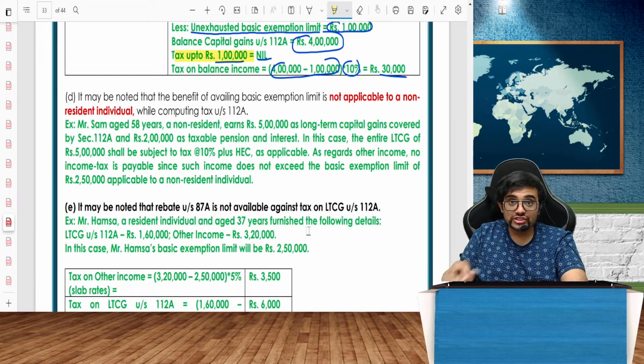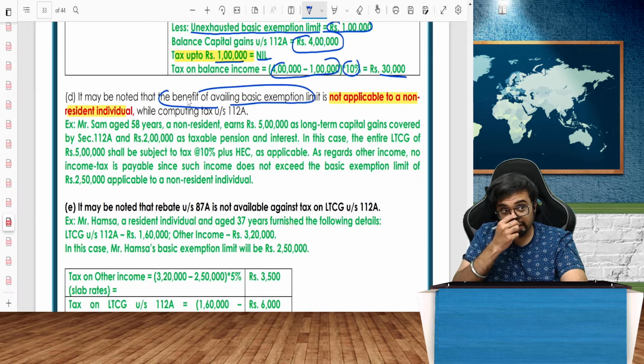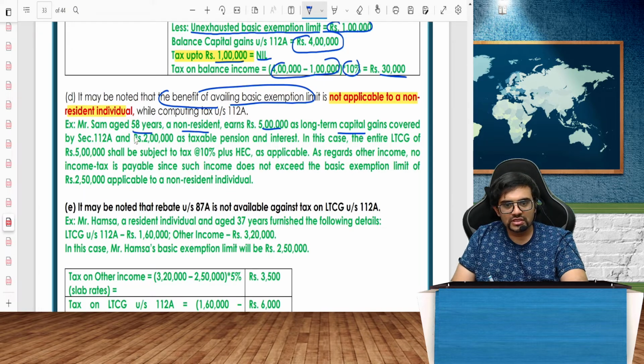But if they ask you about a non-resident, most important, then the benefit of availing basic exemption is not applicable. Most important. Mr. Sam, age 58 years, non-resident, earns 5 lakh as long-term capital gains under section 112A, and 2 lakhs as taxable pension and interest.